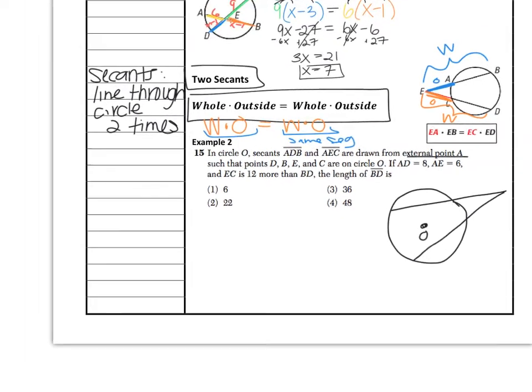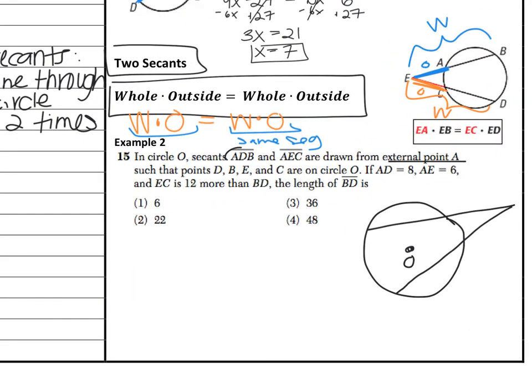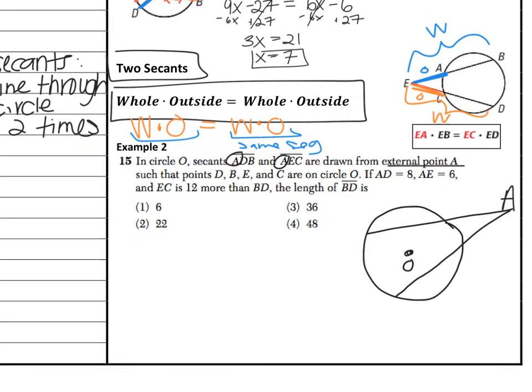Sorry, my zooming's going all over the place. Okay, so A is out here, and then we'll go D, B. This can keep extending, but I'm not going to worry too much about it. And then it's A, E, C. Put dots on each one of these points. And it says that D, B, E, and C are on the circle.